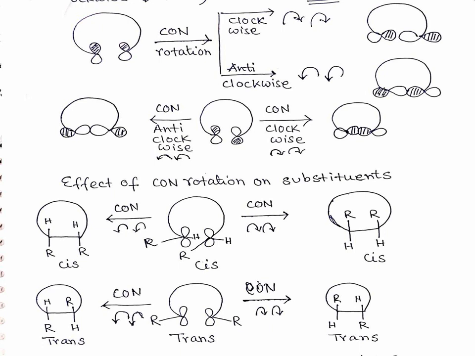Whether it comes above or below the plane depends on the particular situation, means clockwise or anti-clockwise rotation, but whatever it is, from the cis it will come cis. And it is equally applicable for the trans also: from the trans, by clockwise conrotation we will get the trans, and for the anti-clockwise conrotation also we will get the trans compound.